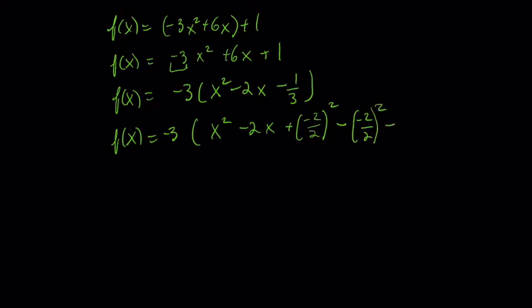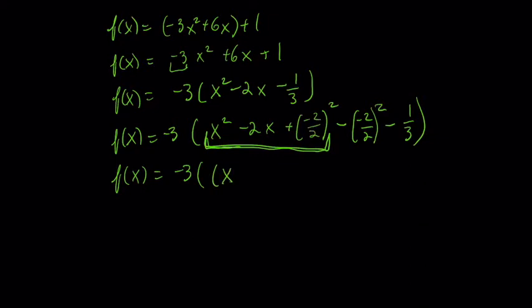Minus 1/3. So I have f of x equals negative 3 times this part right here, which factors into a perfect square. So that factors to x minus 1 squared. Negative 2 divided by 2 is negative 1, and negative 1 squared is 1.